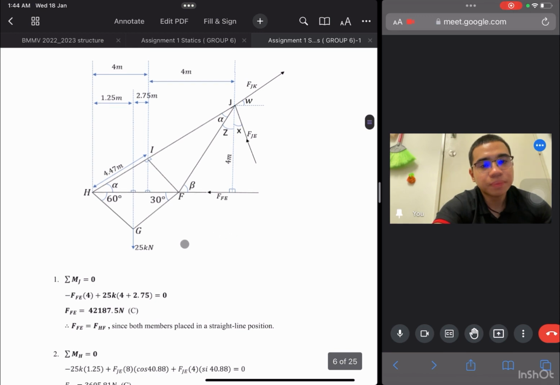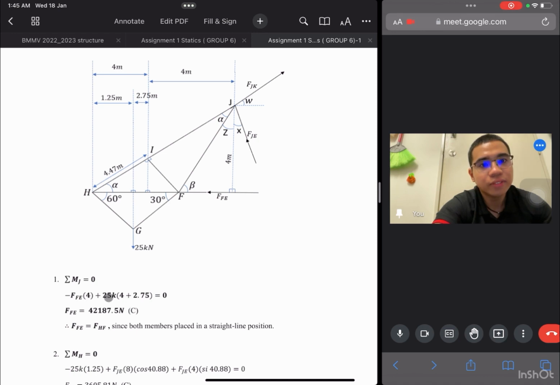So first step, by taking moment at J. Here is the J equal to negative FE, where this makes a clockwise direction, so it is negative, plus its perpendicular distance 4.